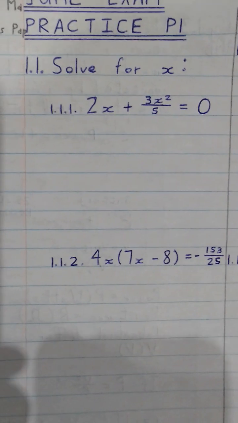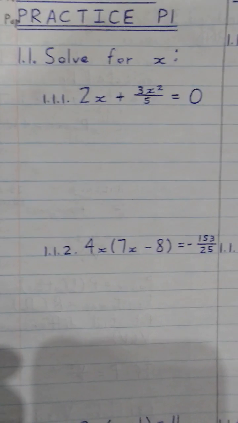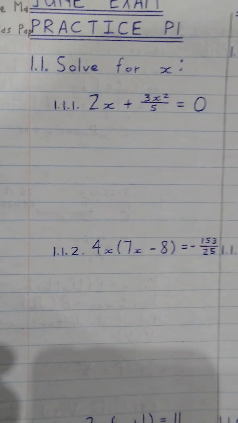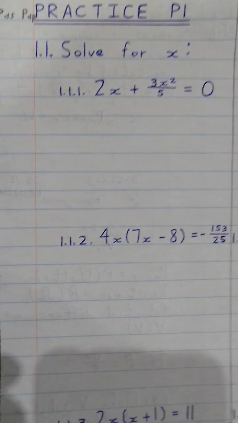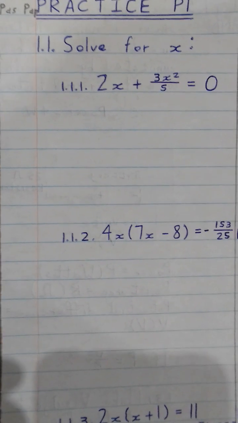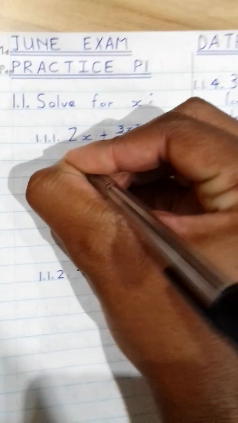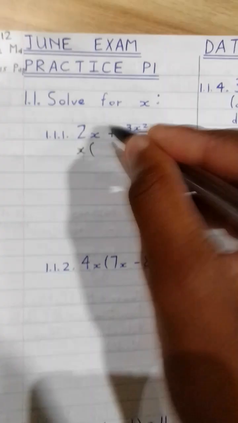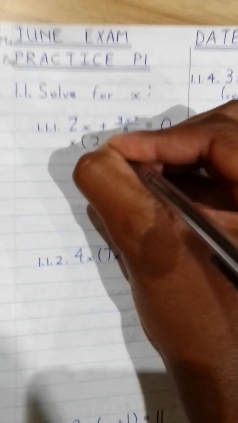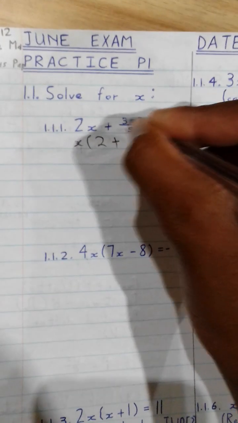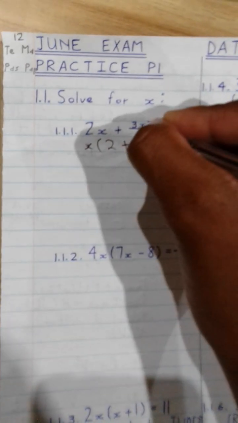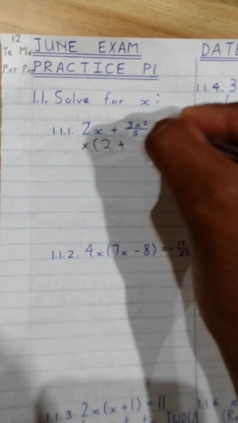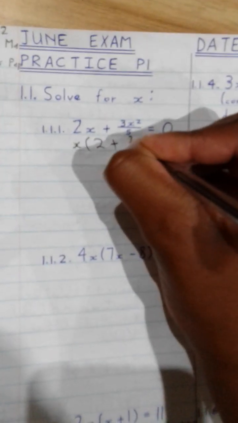So 1.1 states solve for x, and then 1.1.1 you have 2x plus 3x squared over 5 is equal to 0. So you should see that the common factor is x. 2x divided by x is 2, plus 3x squared over 5 divided by x becomes 3x over 5.